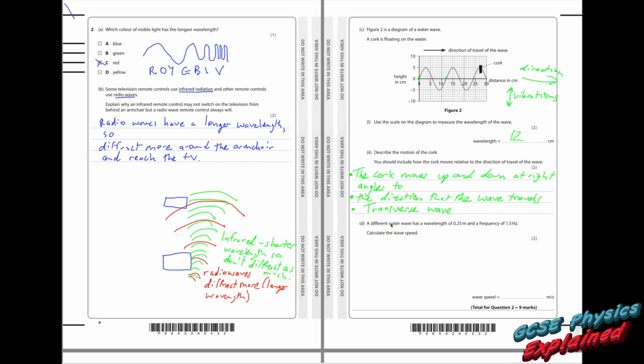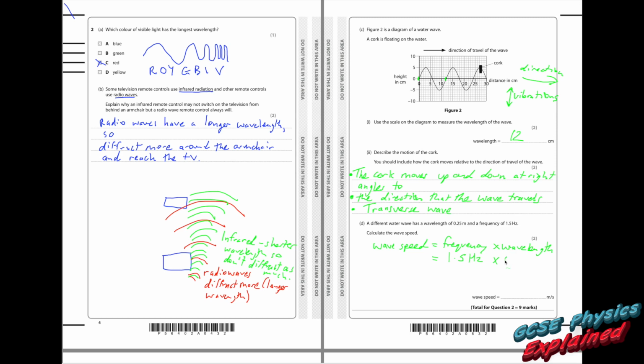Question D. A different water wave has a wavelength of 0.25 meters and a frequency of 1.5 hertz. Calculate the wave speed. So wave speed is frequency times wavelength. The frequency is 1.5 hertz.